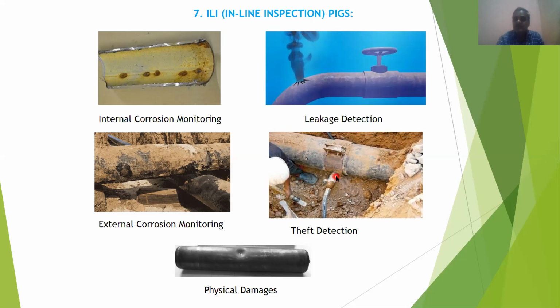They do hot tapping, these clamps, and whatever the production passing through these pipelines, they will make a trap and collect the oil in trucks. They will sell it in the black market. So if you run the intelligent pigging, from inside it will travel and it will identify these things.